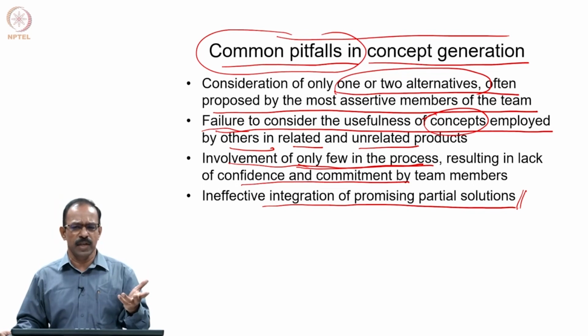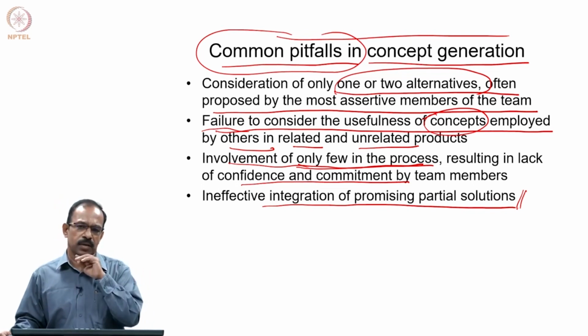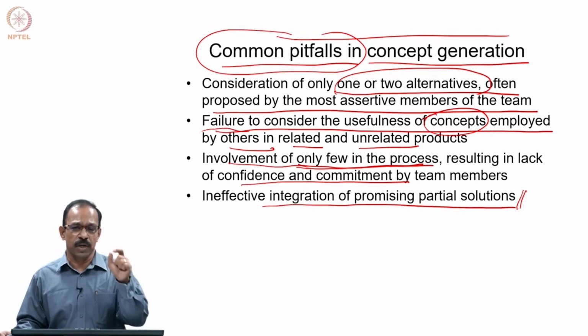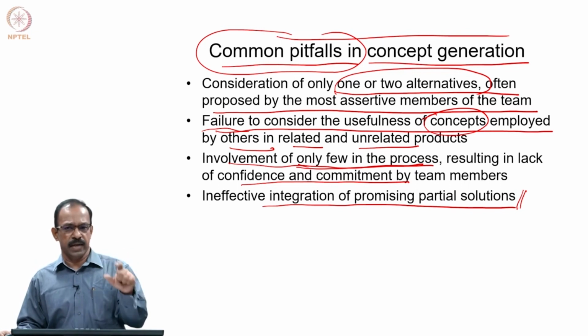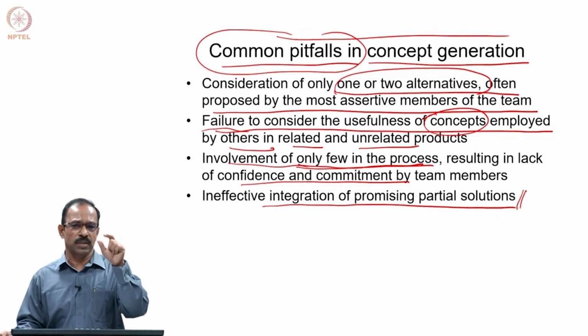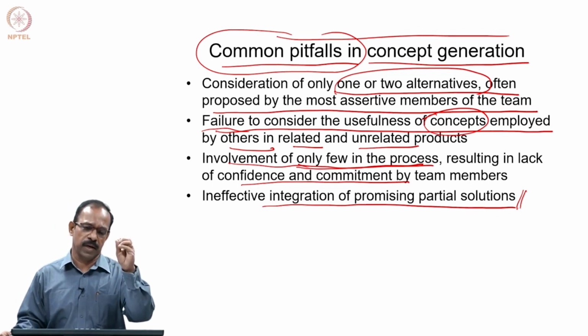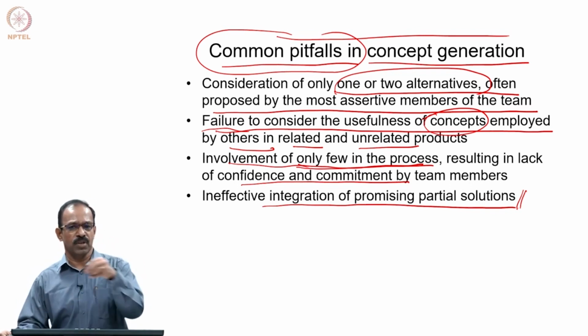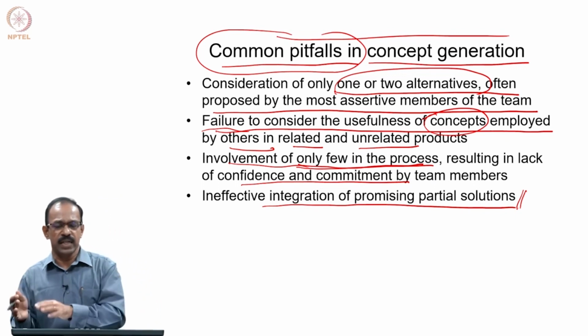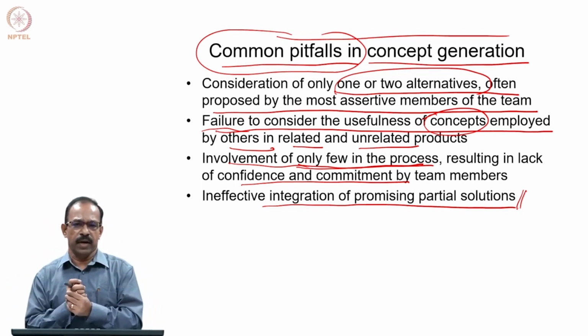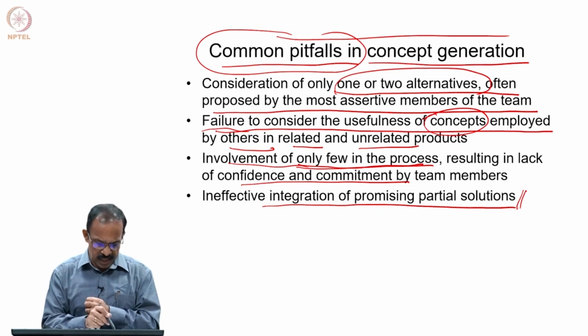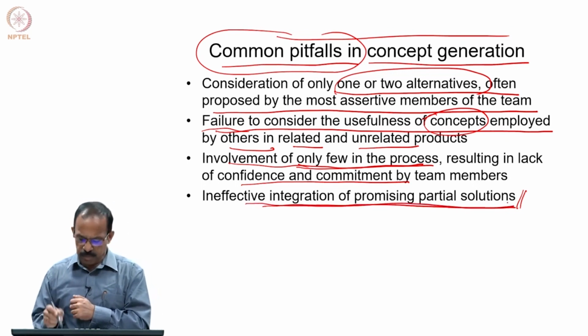Some of them may not be really good, or may not be feasible, but there may be some elements that are good in that particular idea or alternative. So, you need to look at every alternative and see what is good and bad about it, and then see whether the good things from that idea can be taken forward and combined with others, so that you get a better idea. So, this is what ineffective integration of promising partial solutions means.